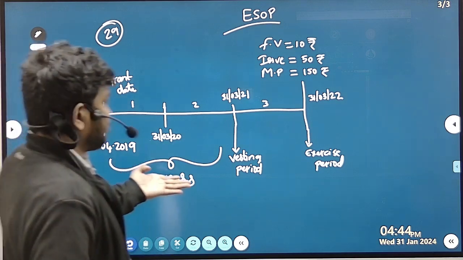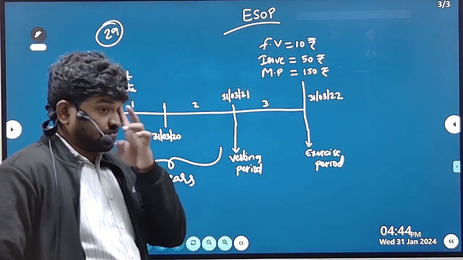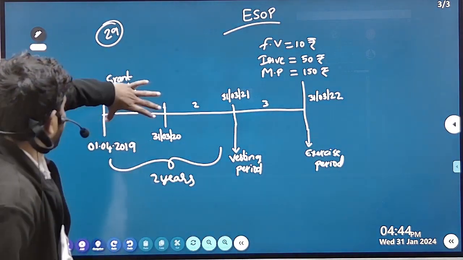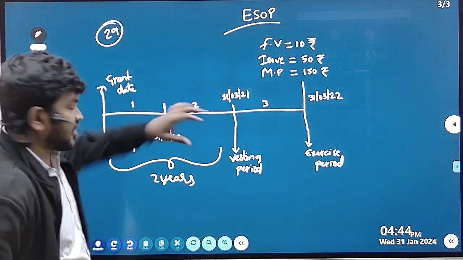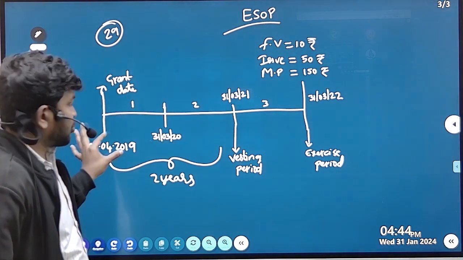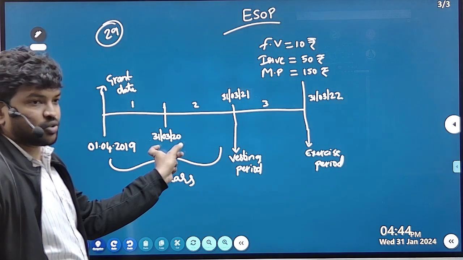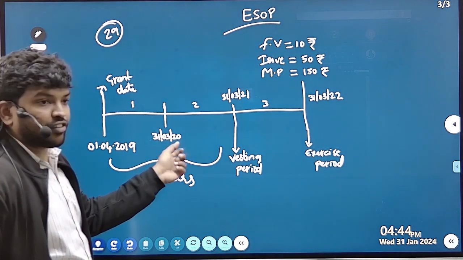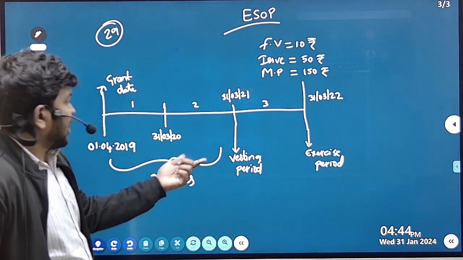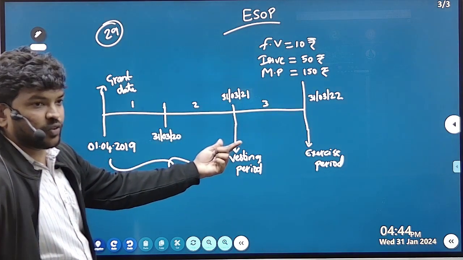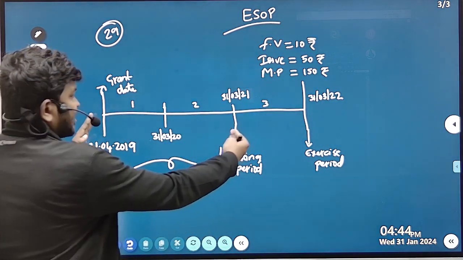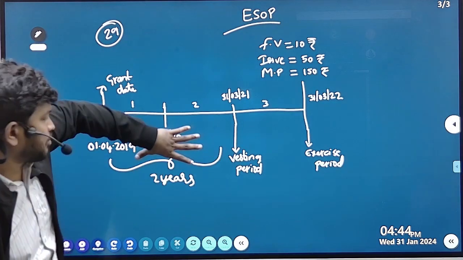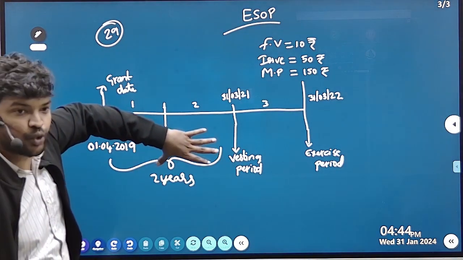Taken this diagram, yeah. This is the first year, second year, okay. First year starting from 1/4/2019, ending with 31st March 2020, and then starting from 1/4/2020 and ending with 31st March 2021. So 1/4/2019 से 31st March 2021 vesting period है पूरा, okay, 2 years.